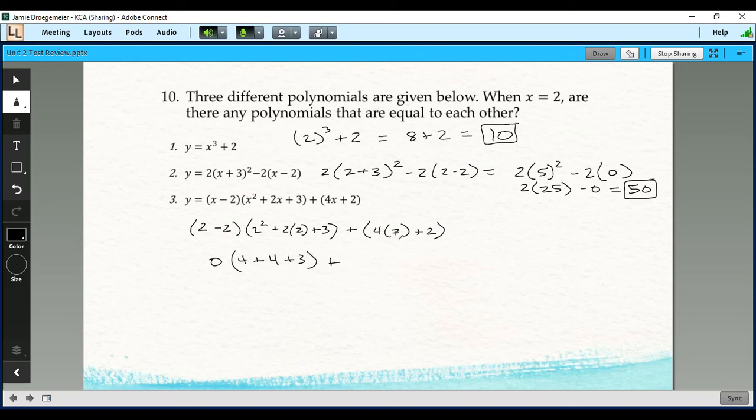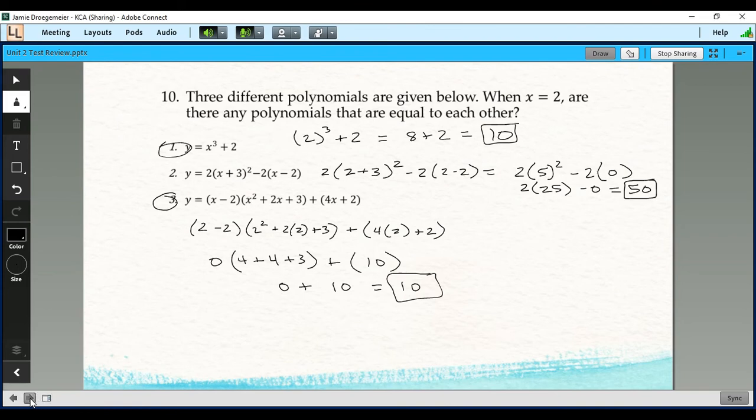And then here, 4 times 2 is 8. 8 plus 2 is 10. Well, notice here, 0 times anything is 0. So we have 0 plus 10. So this one also evaluates to 10. So our answer, 3 and 1, would be equal to each other when x equals 2.